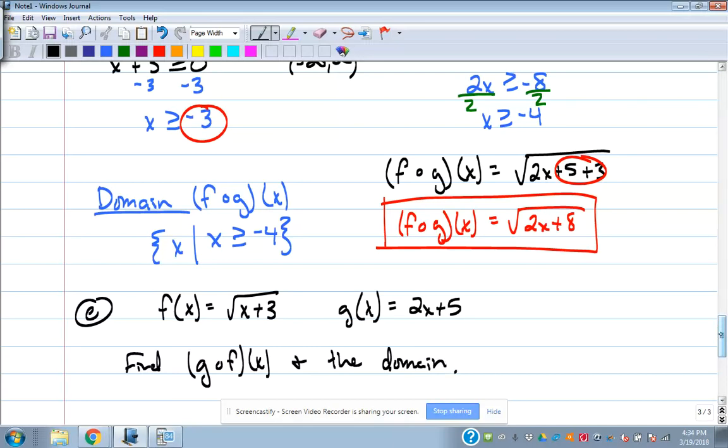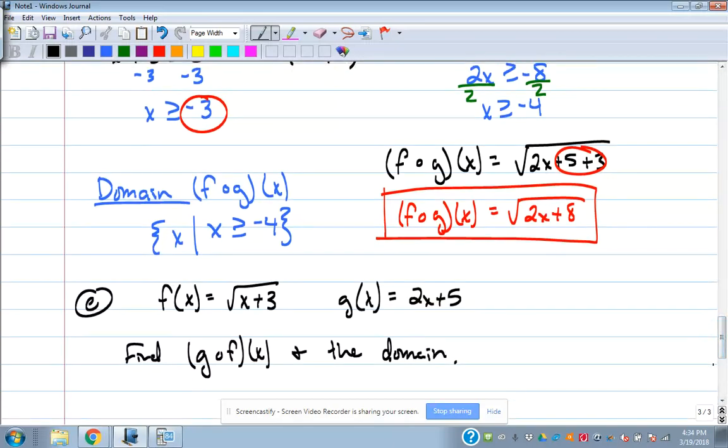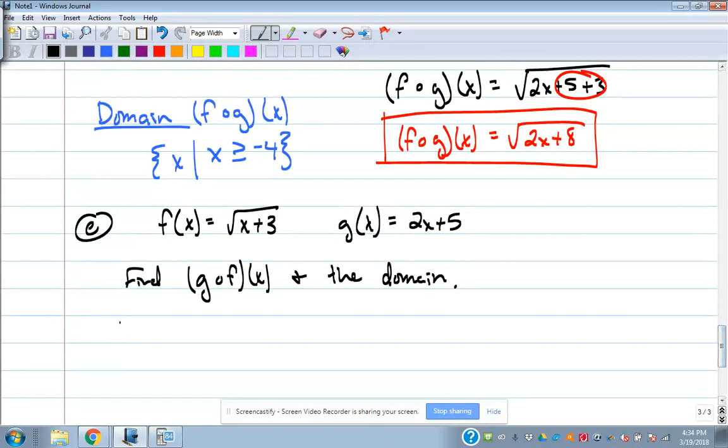Well, we already know the domain of f of x and g of x, right? F of x is greater than or equal to -3. G of x, all real numbers.